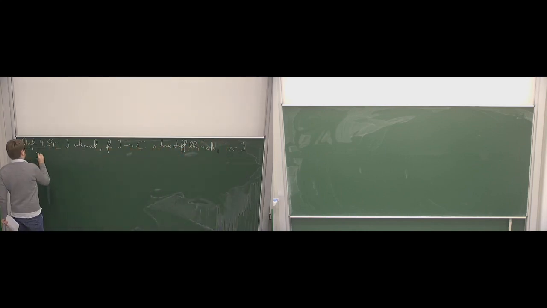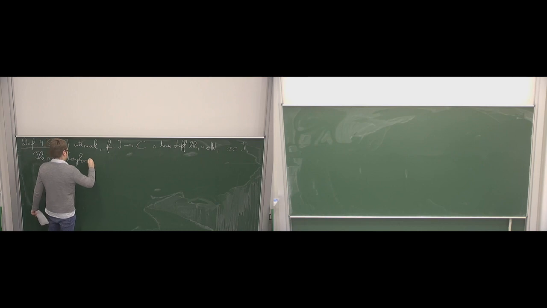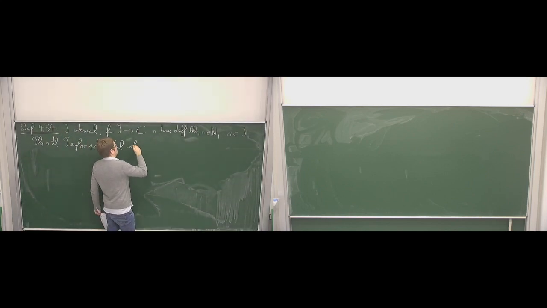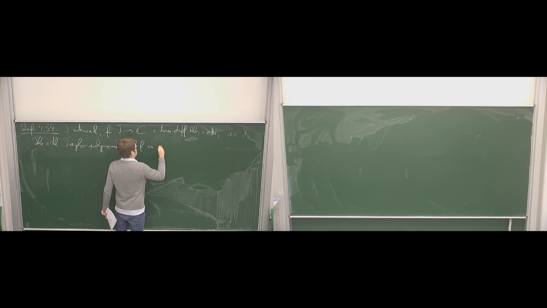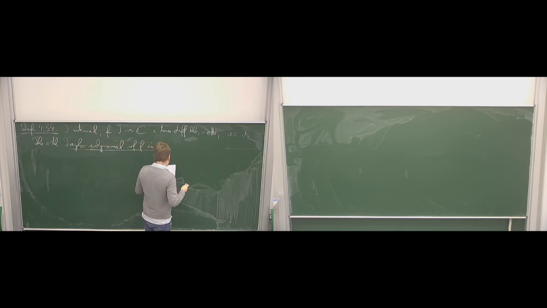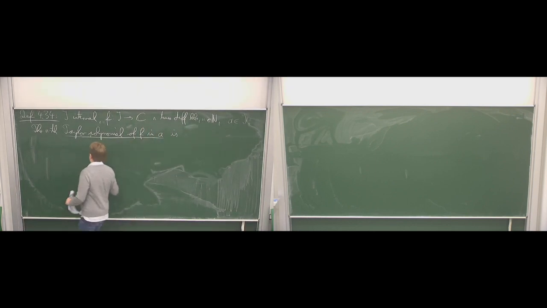Then the nth Taylor polynomial of f in a is the following polynomial, simply the polynomial we just had.